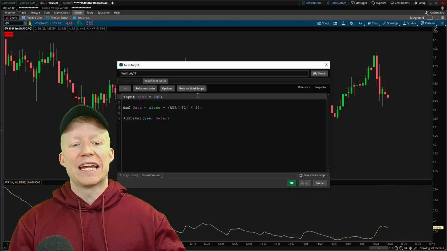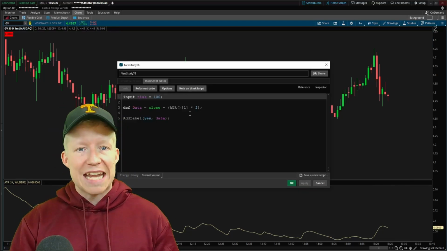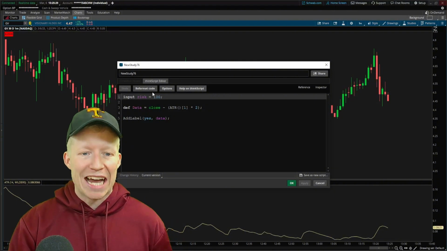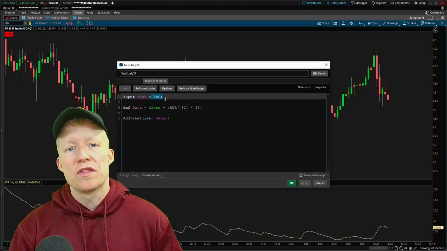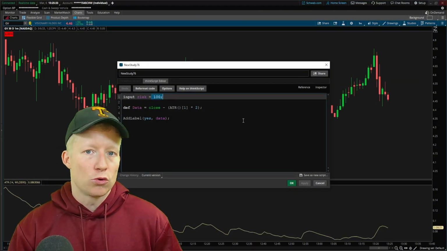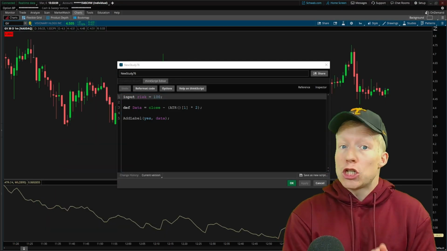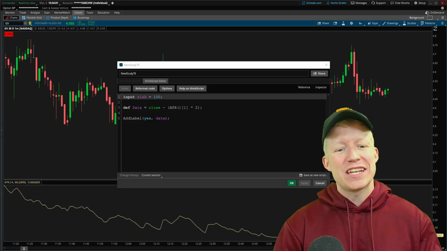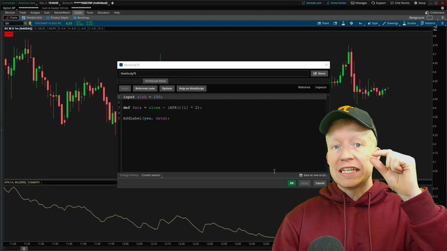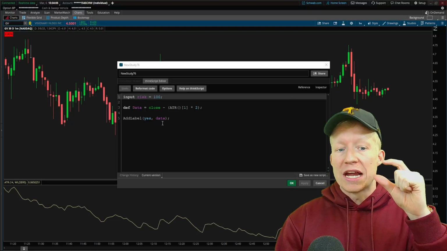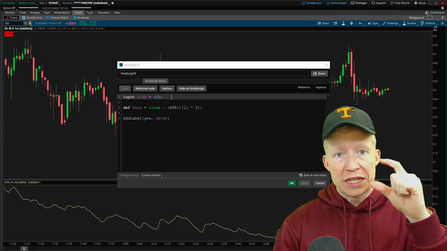Now we need to begin molding this data so that we are actually calculating the position size based on the risk that the user is willing to accept. To calculate our position size, what we need to do is find the difference between the current price and the price we are willing to sell at.